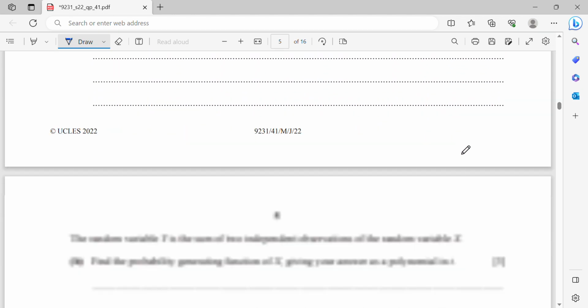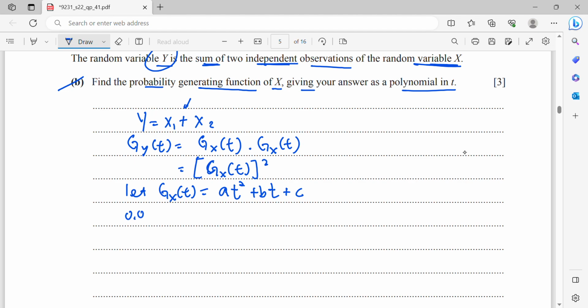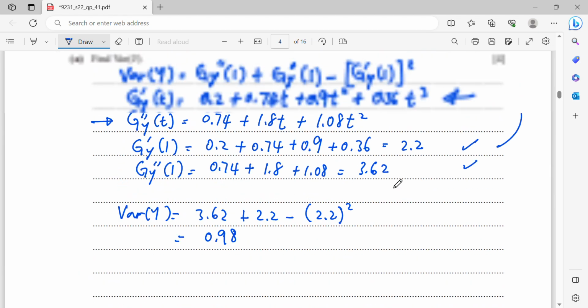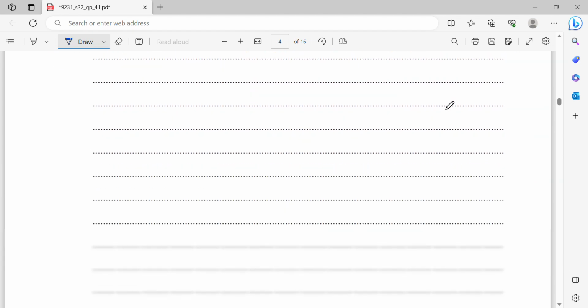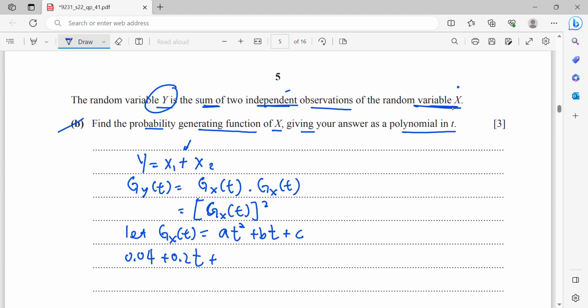So 0.04 plus 0.2t, then 0.37t squared plus 0.3t cubed plus 0.09t degree 4. All these are the terms of my Gy(t). Okay, based on here, then it will be equals to the square of a quadratic.